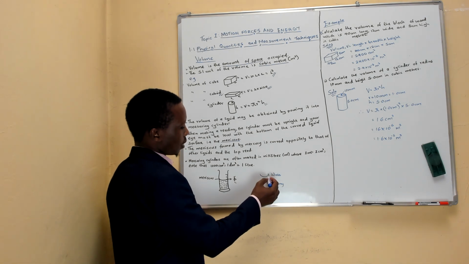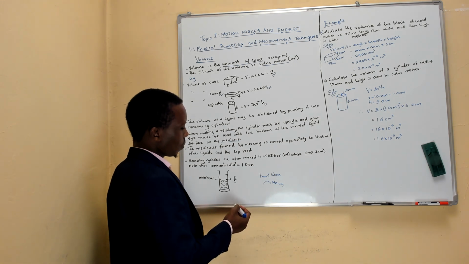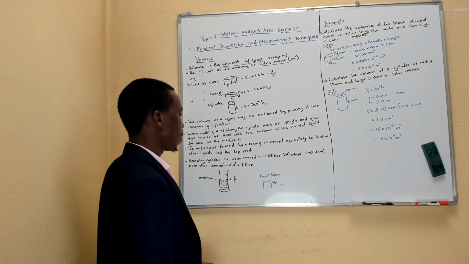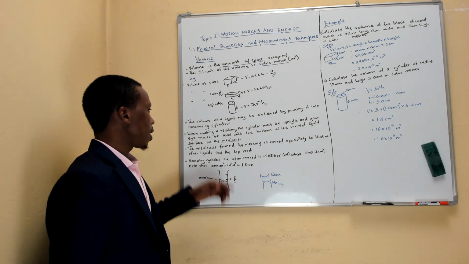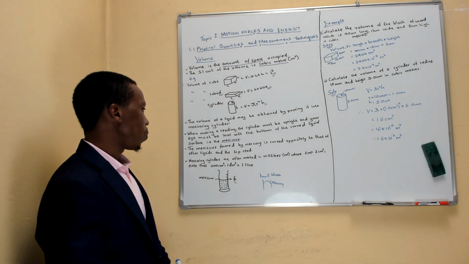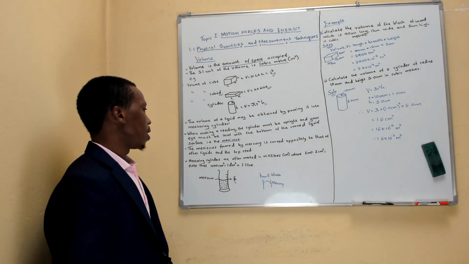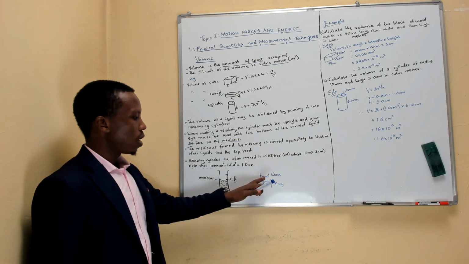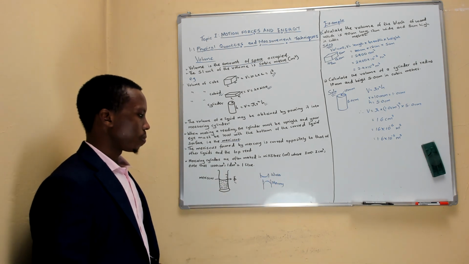So assuming that this is the cylinder, if you want to take the volume for water, you take it at the bottom, and if you want to take the volume for mercury, you take it at the top of the meniscus. The meniscus formed by mercury is curved oppositely to that of other liquids. So for mercury you read the top, and for water you read the bottom.